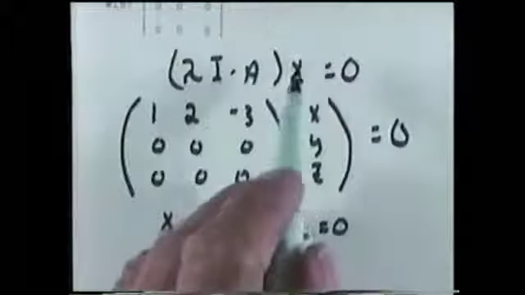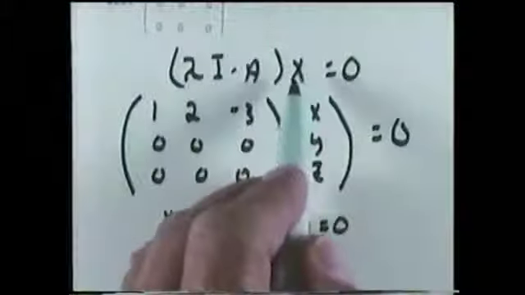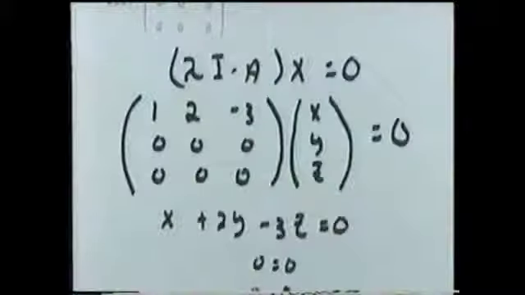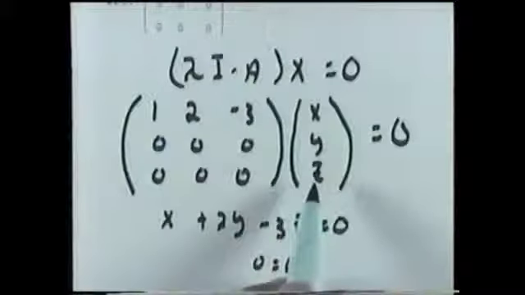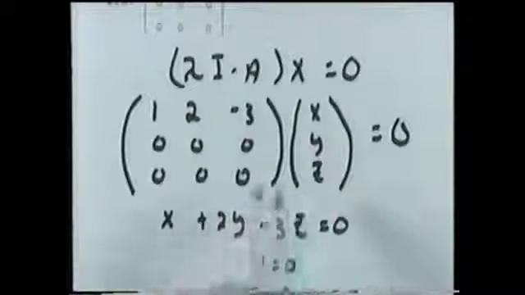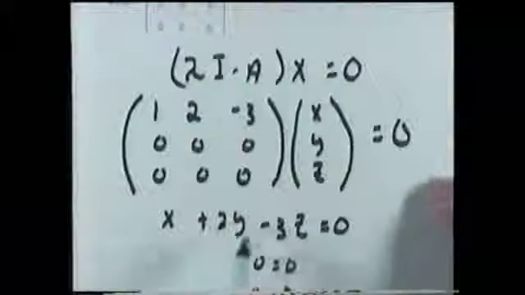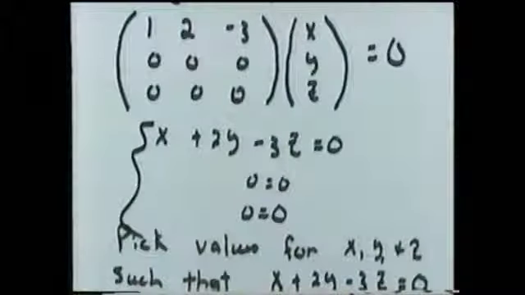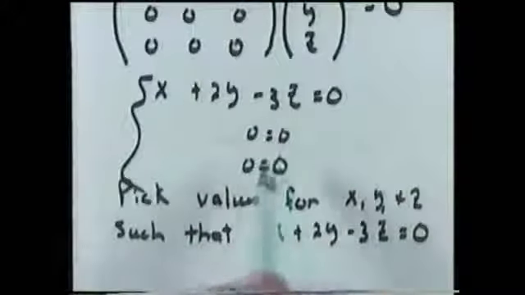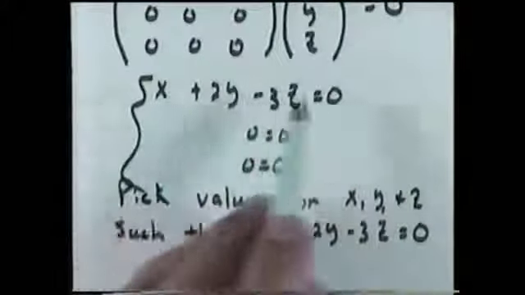Because I've got to satisfy this system of equations. I'm looking for a column vector x that makes this equation true. Well, column vector x is x, y, z. And when I multiply, I end up with this system. Well, obviously 0 equals 0 is true, so I just have to worry about making the first one true.